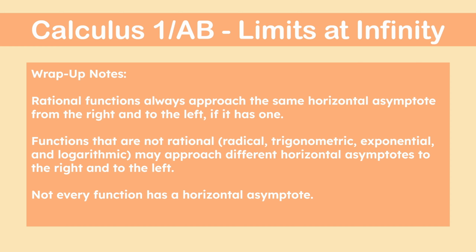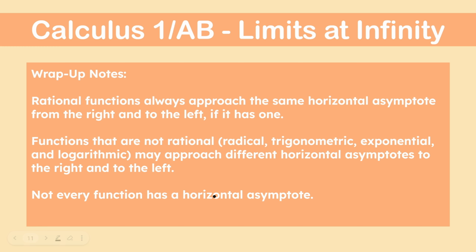Okay, so these are the wrap-up notes. Rational functions always approach the same horizontal asymptote from the right and to the left if it has a horizontal asymptote. Functions that are not rational, such as radical, trigonometric, exponential, and logarithmic, may approach different horizontal asymptotes to the right and to the left.